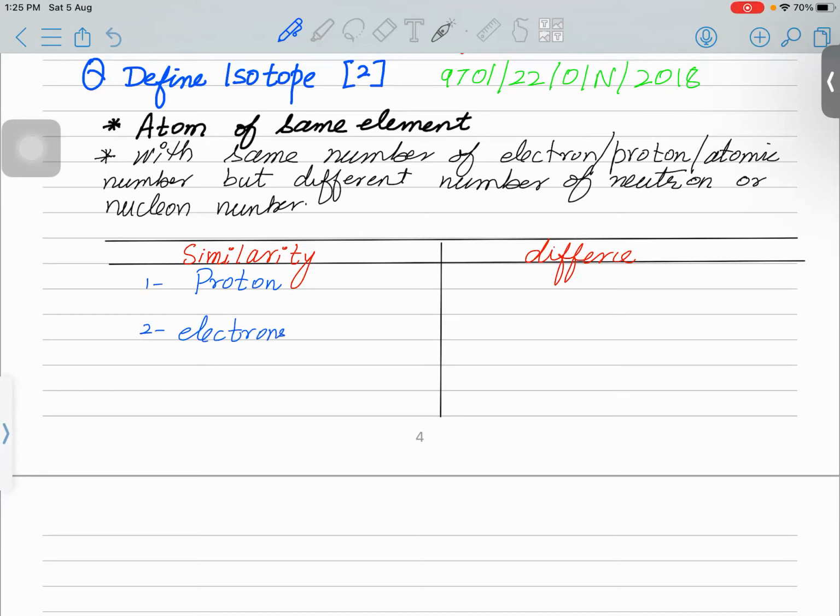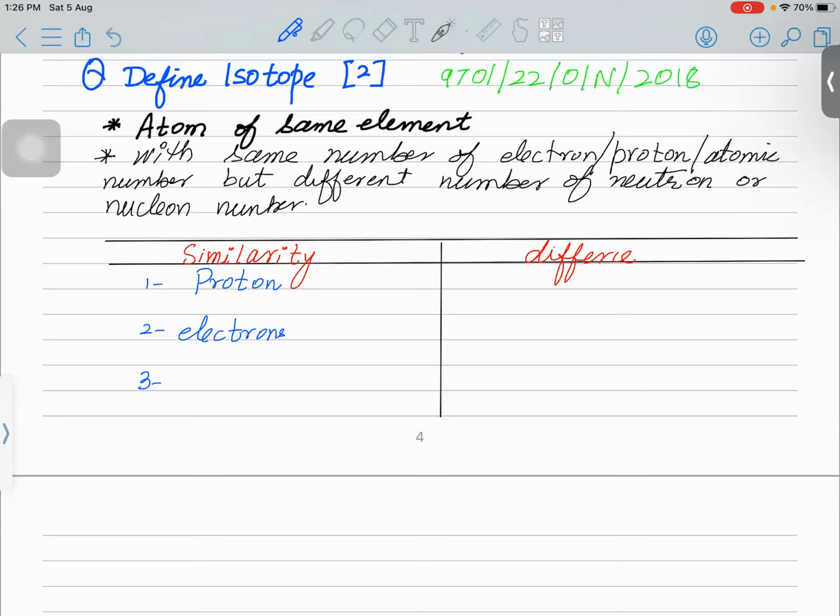Correct. Number 3. What is same? Electronic configuration. You know that in the first shell we have 2 electrons, in the second shell we have 8 electrons. This is called electronic configuration.